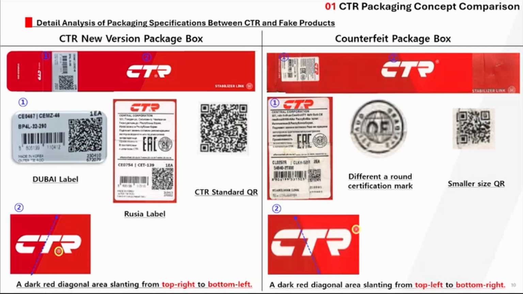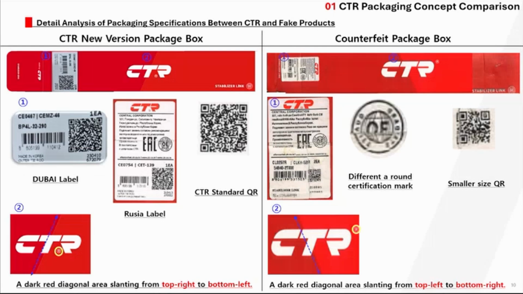The genuine label is neatly aligned, includes a round OE certification mark, and features a standard size, high-resolution QR code. In contrast, the counterfeit label has a blurry or altered certification mark, and the QR code is smaller and harder to scan, a typical sign of lower print quality.